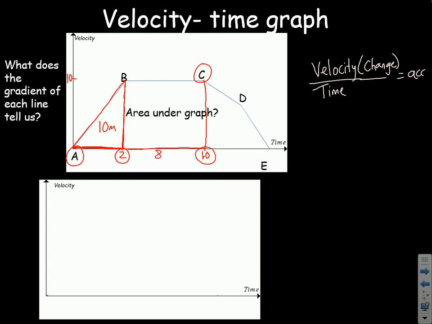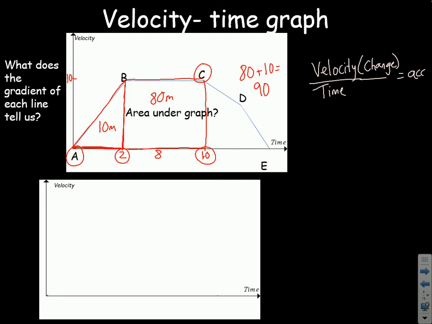Therefore the time period is 8 seconds, and the distance is the same as it was for B because it's not increased or decreased. Therefore it is 8 multiplied by 10, which is 80. Add those together will give us our total distance travelled from A to C. So therefore we have 80 plus 10 gives us 90. So our distance travelled would be 90.